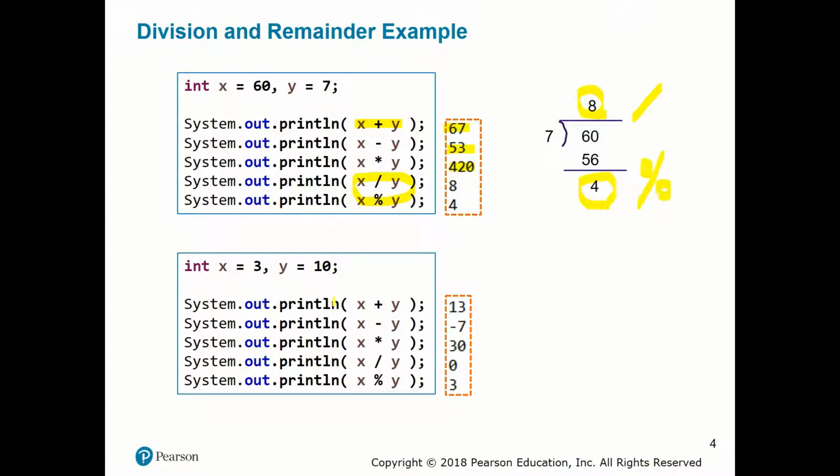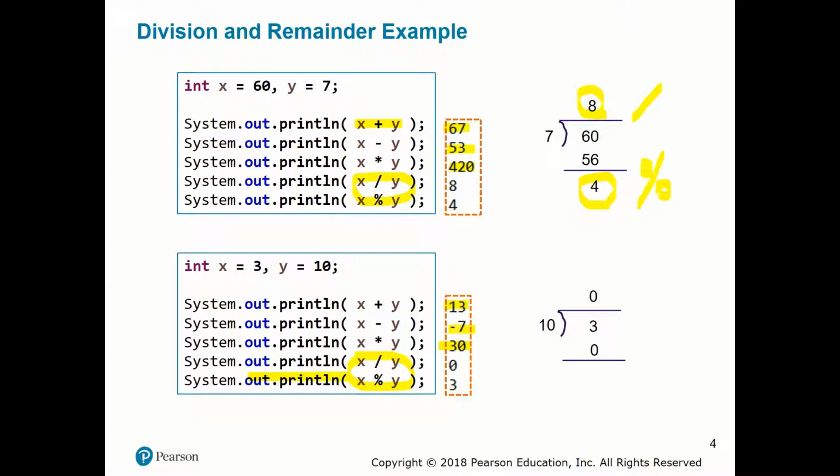And let's look at one more. If x is 3 and y is 10, x plus y is 13. x minus y is minus 7. x times y is 30. And about this, we will see the same as this one. So 3 divided by 10, this time 0 is the quotient.